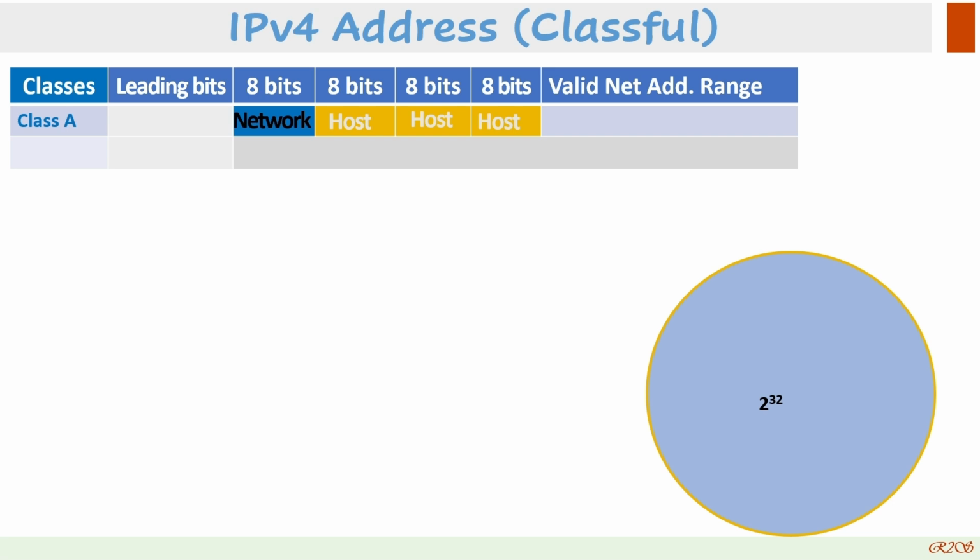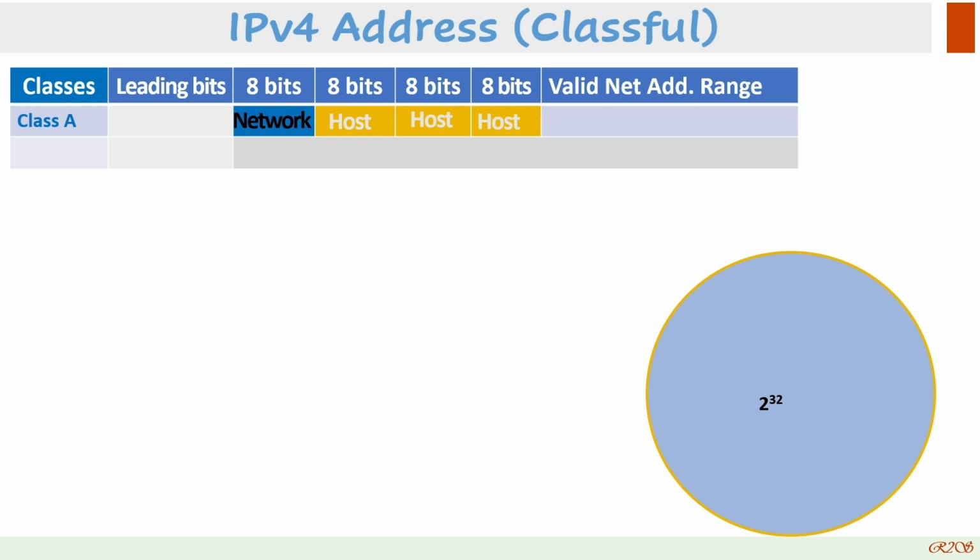In the previous video I discussed why 2 to the power 32: because the number of bits in an IPv4 address is 32. So we have around 4.3 billion IP addresses, which is 2 to the power 32.